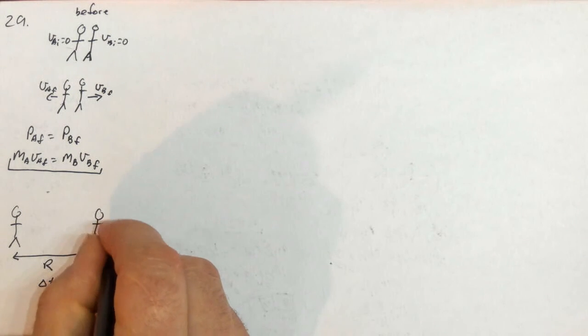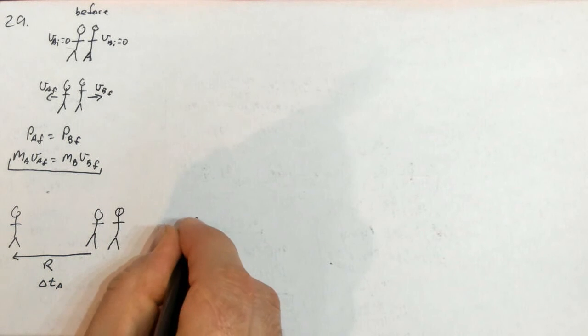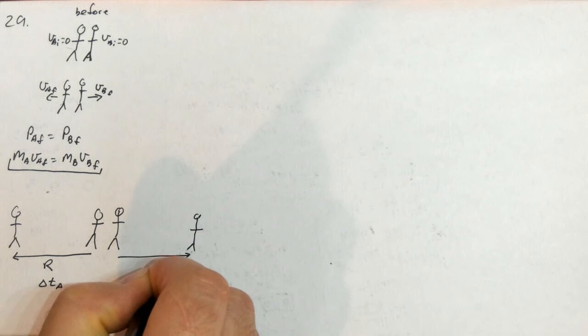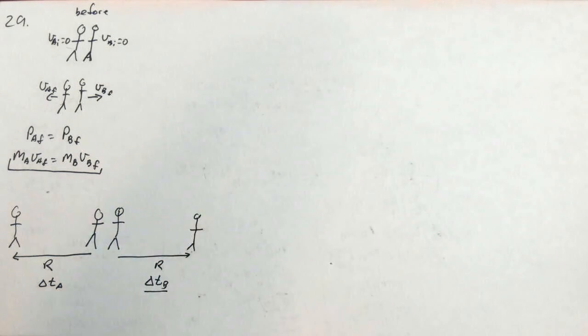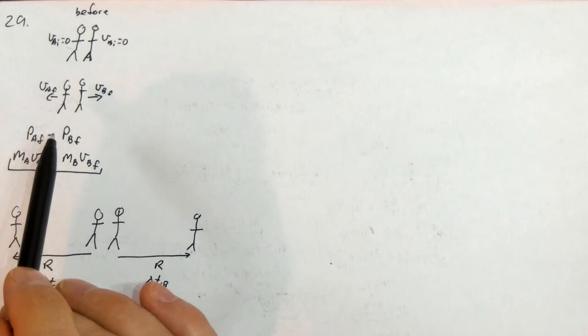Well, skater B went to the edge of the rink too, in some different time, and we're trying to find that time. All right, so this is a two-part problem too. This is kinematics, and before we had conservation of momentum.